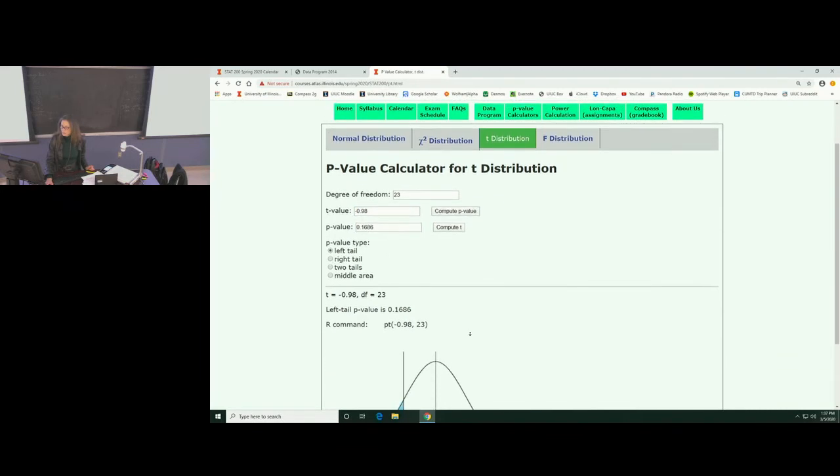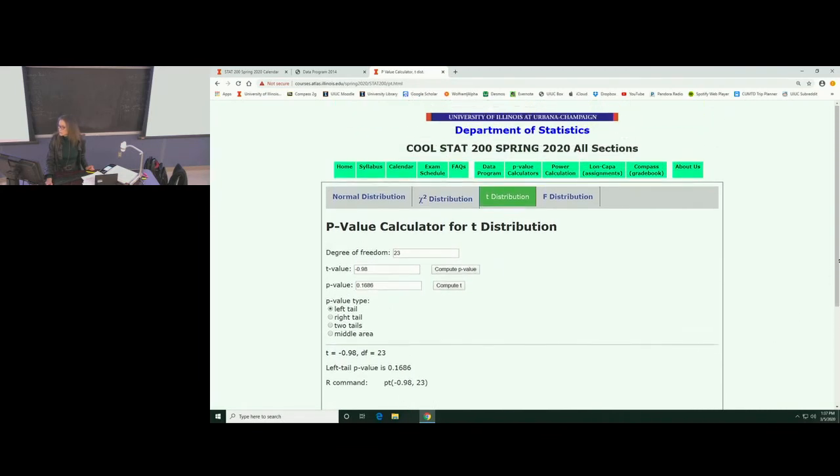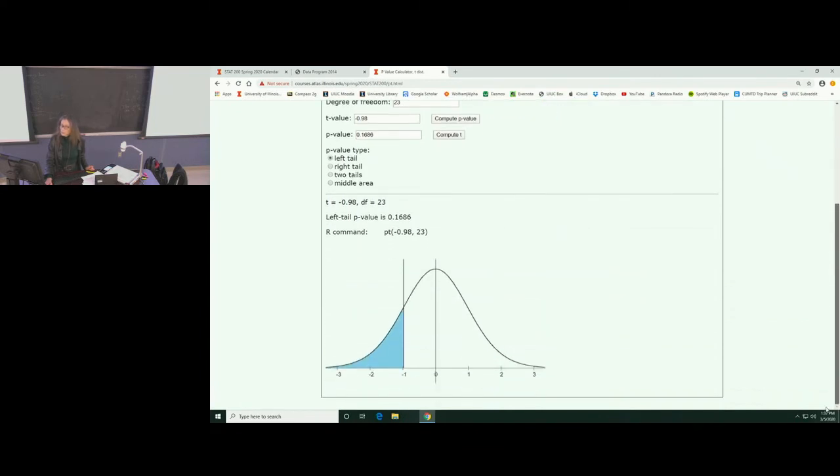We knew it was going to be between 10 and 25, and it's 16.86. Remember that? I'm going to write it down in your book, 16.86. That's the left-hand tail, 16.86%. That's our p-value.